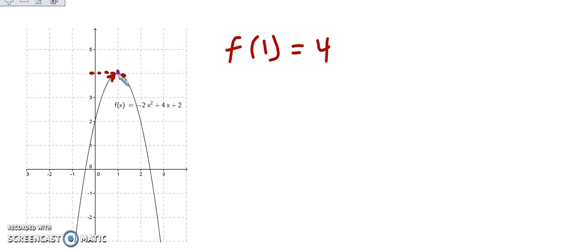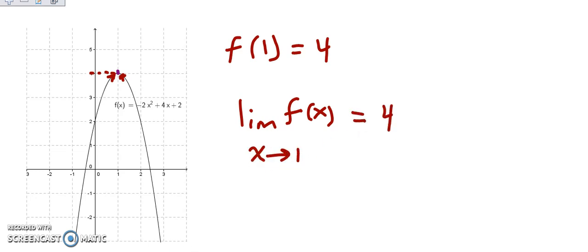Okay, the vertex, 1, 4. So because this worked, the limit of this function f of x as x approaches 1 is 4. Okay, so that's the direct substitution method. It tends to make finding limits easier.